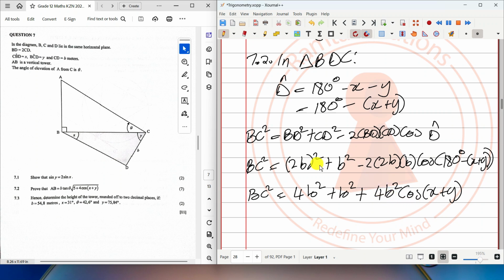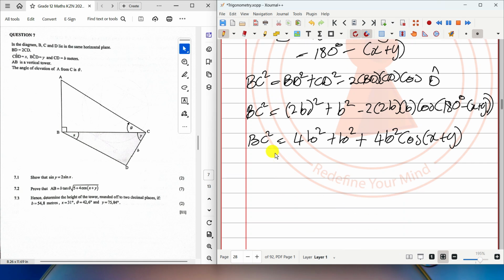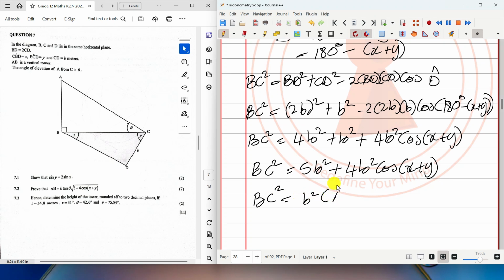Is that okay? So I should have simplified. This is 5B squared plus 4B squared cos x plus y. The common factor here is B squared, so it's B squared times, open bracket, 5 plus 4 cos x plus y, close.